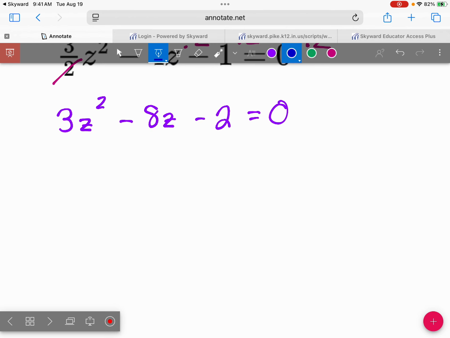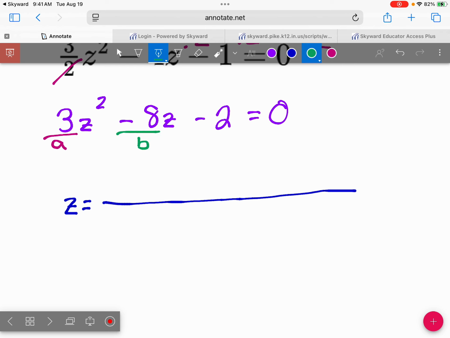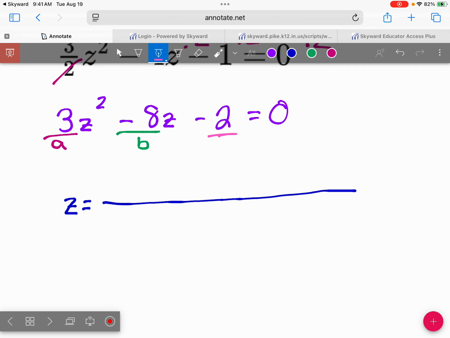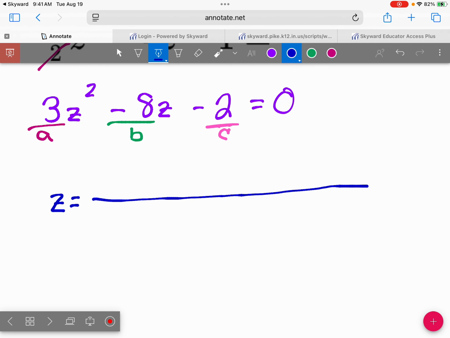Because once we switch this to be tidier decimals, all it changes in our quadratic formula is instead of saying x equals, it says z equals. And after that, it's exactly the same thing, where we're going to have our a, we're going to have our b, and we've got our c. So same exact process. We're going to substitute our pieces in.